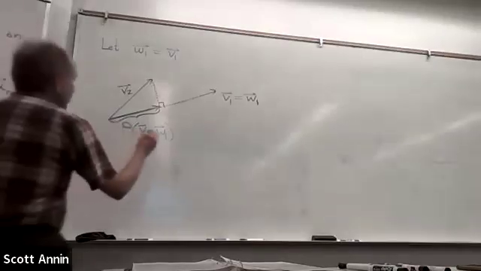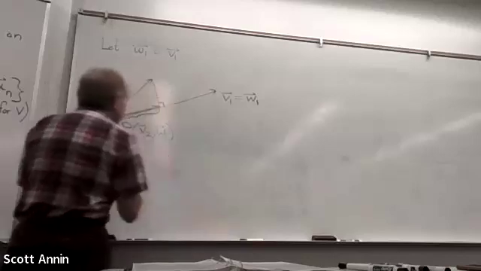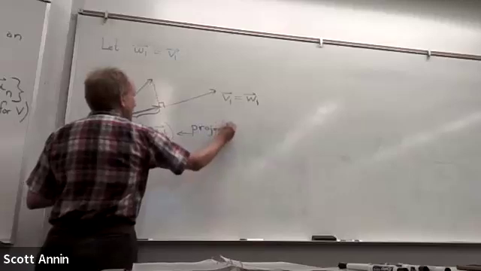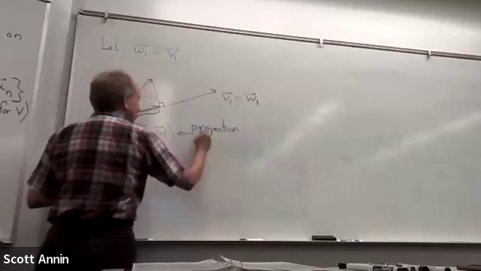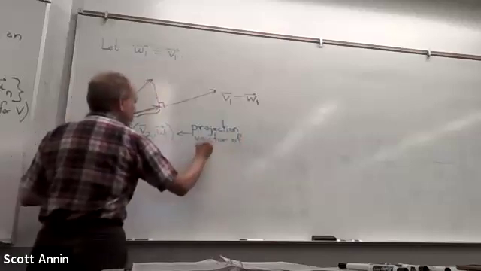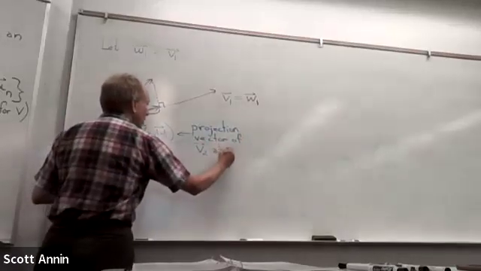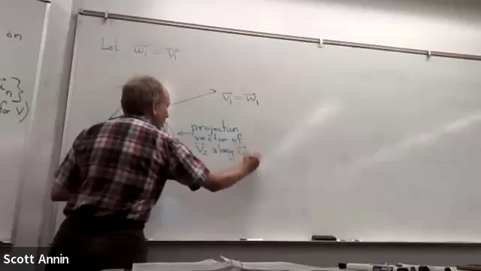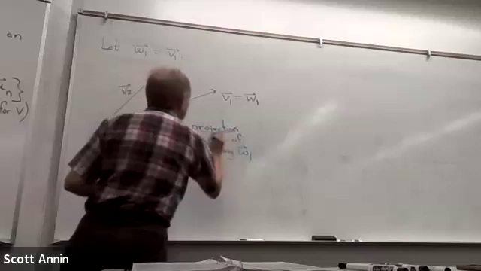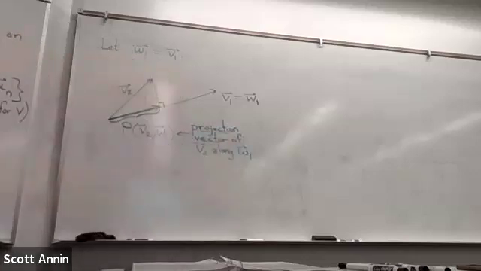The way I would call that is the projection vector of V2 along W1. That is what's called a projection vector right there.